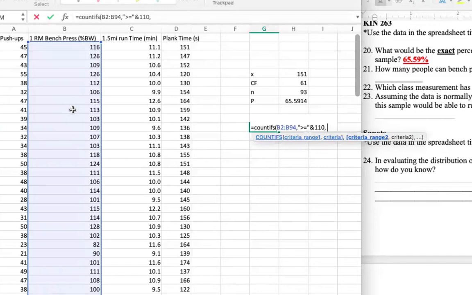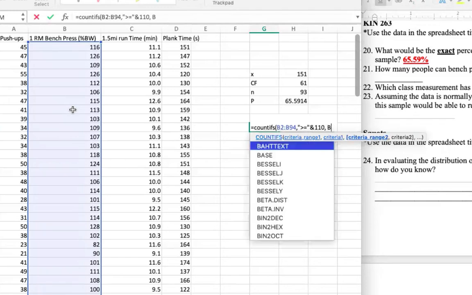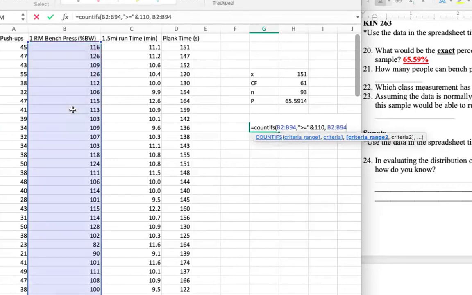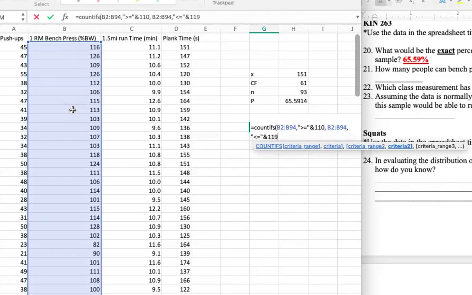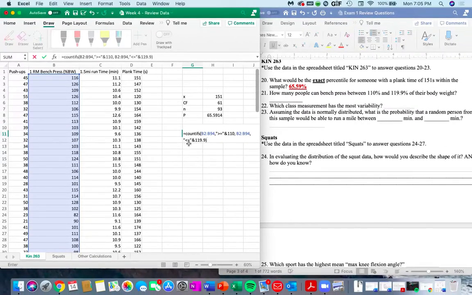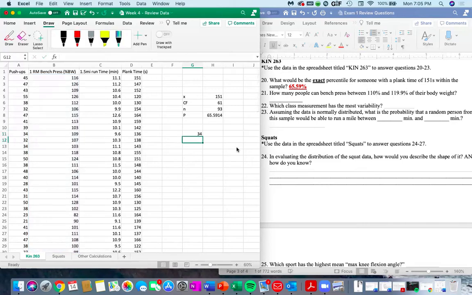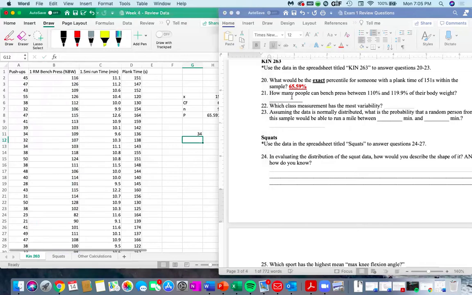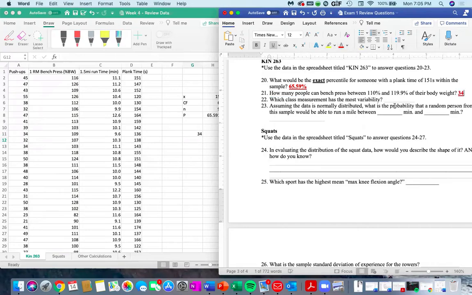Then our second criteria is the same cell range, B2 to B94, and that criteria would be less than or equal to 119.9. So again, less than or equal to and greater than or equal to include both of these values. That would mean we have 34 people. We'll put that as our answer.